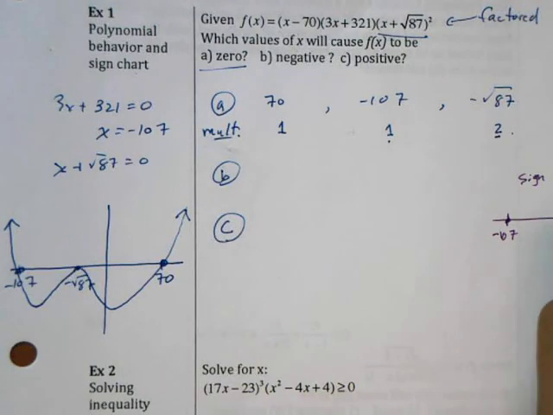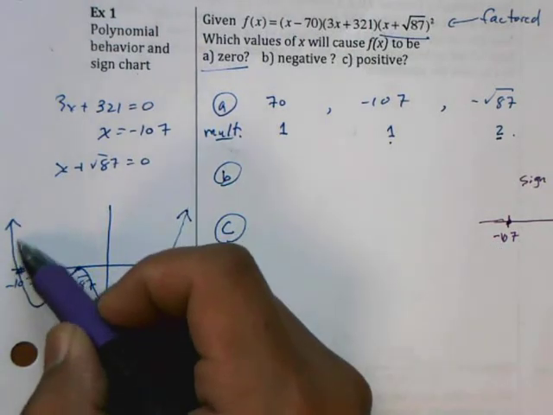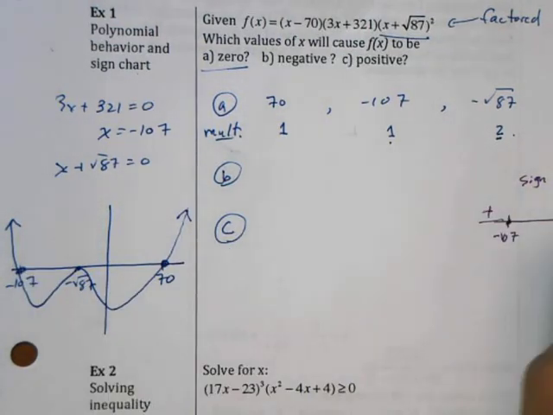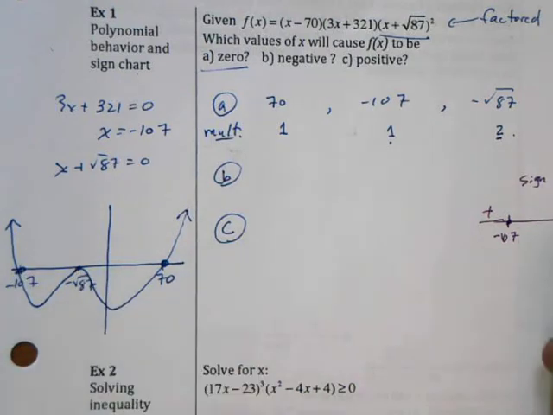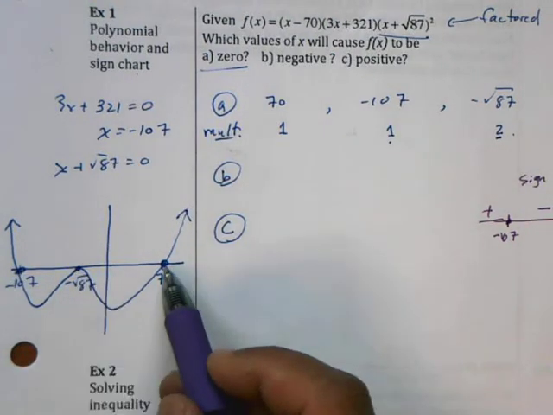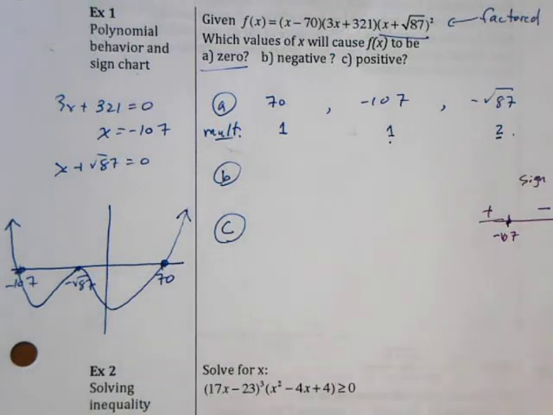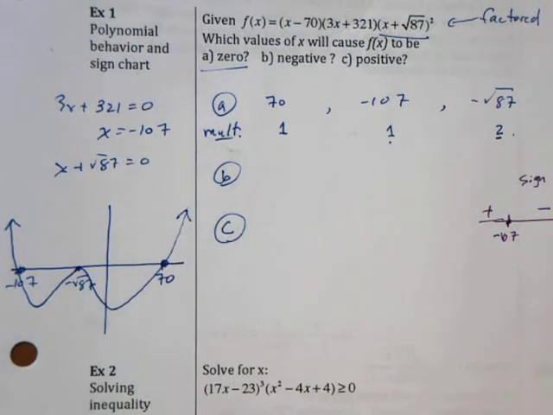So I know these are my zeros, and I know that to the left of negative 107, it's positive, it's above the x-axis. Between negative 107 and negative square root of 87, it's negative. Between negative square root of 87 and 70, still negative. And then to the right of 70, it goes up, it goes positive.